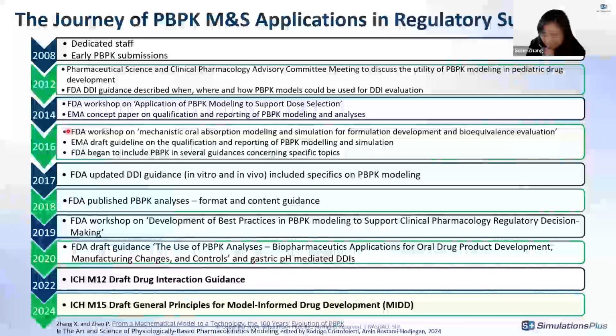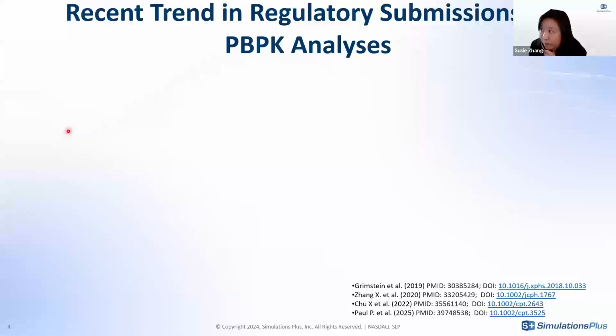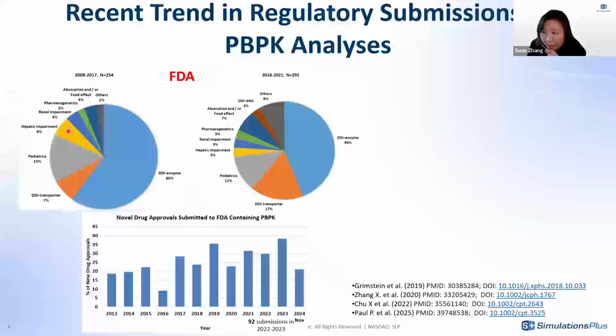I also wanted to talk a little bit about the recent trend in regulatory submissions with PBPK analysis. In the past, FDA has been publishing the submissions to the Office of Clinical Pharmacology. One publication summarized the submissions from 2008 to 2014, and another summarized submissions from 2018 to 2021.